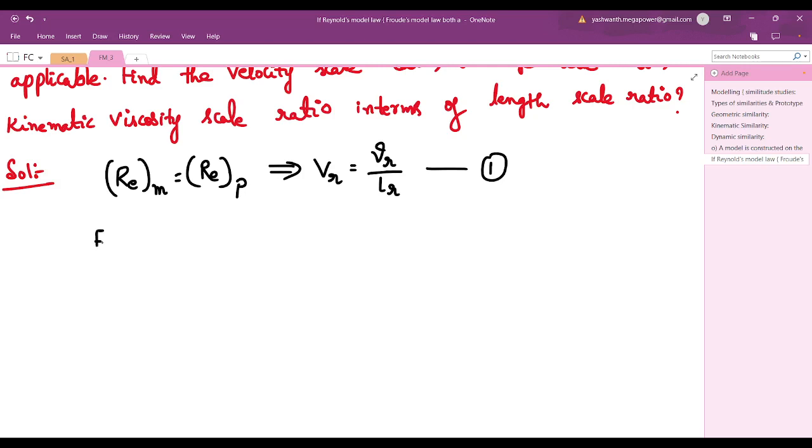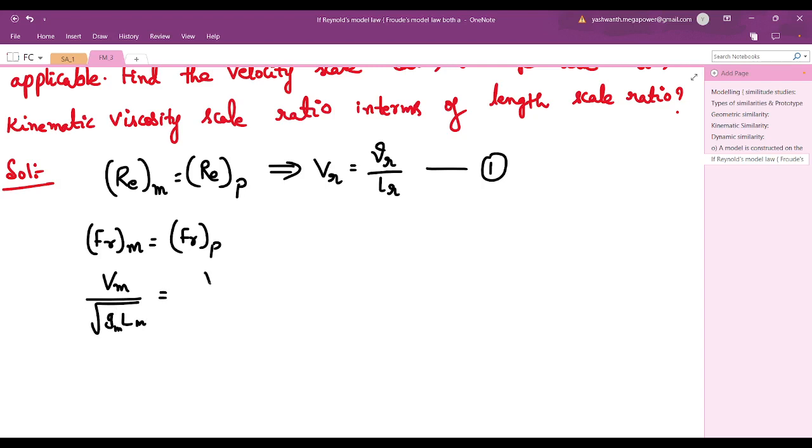One more thing is given. Froude number of the model is as well equal to Froude number of prototype, isn't it? So what is Froude number? V by under root GL, isn't it? So this suffix M represents model.